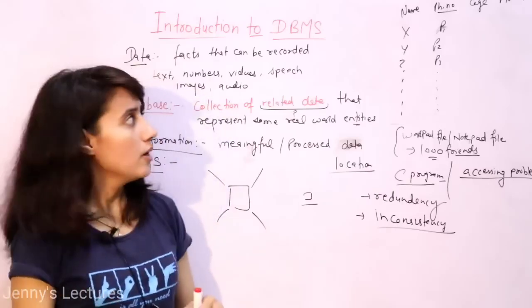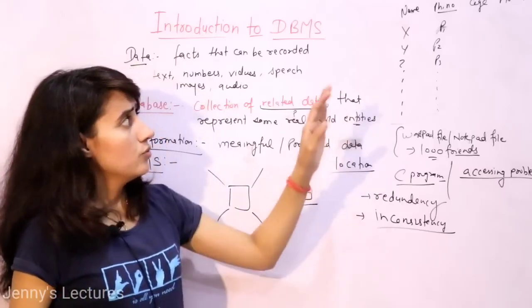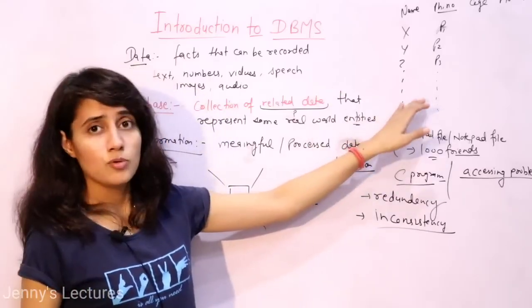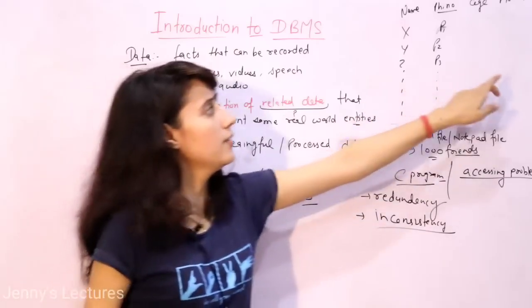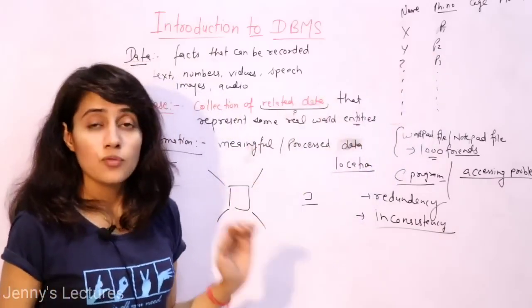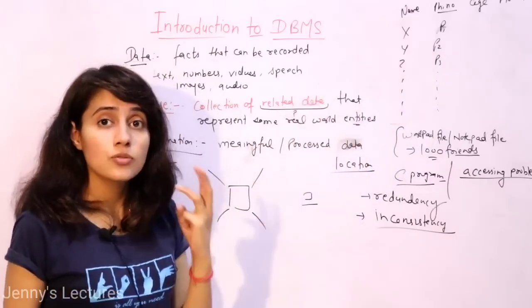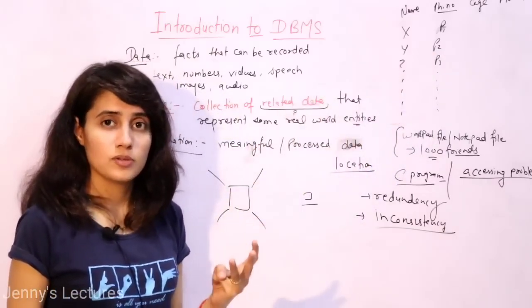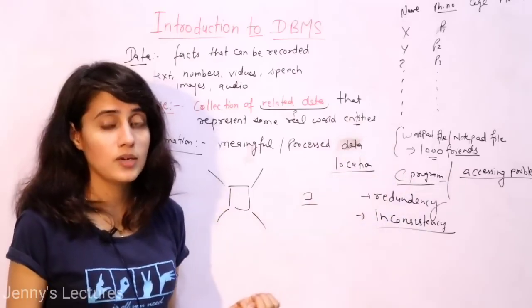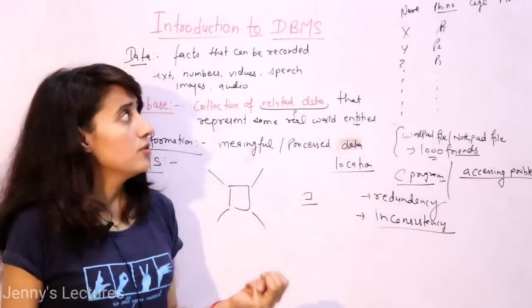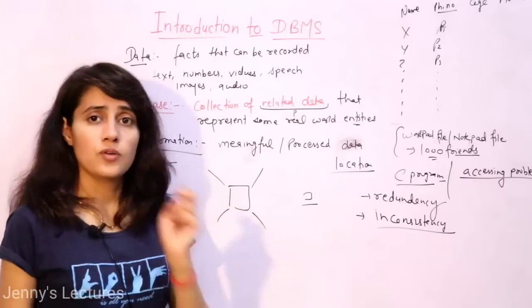Inconsistency means, now you have 3 files. Suppose I want to update a phone number, or suppose the address of one friend. Now you need to update the address in 3 files, manually. Suppose you have updated the address in 2 files and you are left with 1 file.